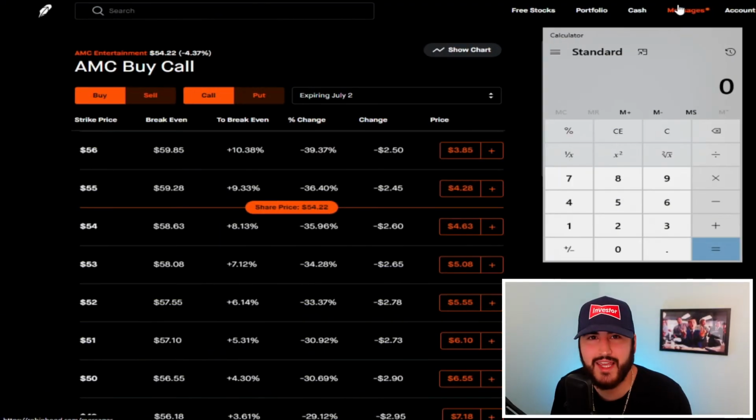So let's say that AMC was to hit $75 by the end of the week, and you bought this options contract for a strike price of $54. Well, 75 minus 54 is $21. Times 100, because you have the right to buy 100 shares, is $2,100. Minus how much you paid up front in premiums of $463, you would have made $1,637.